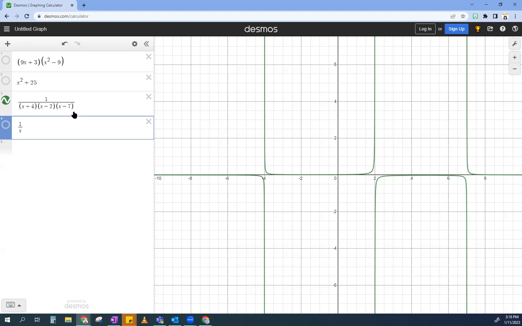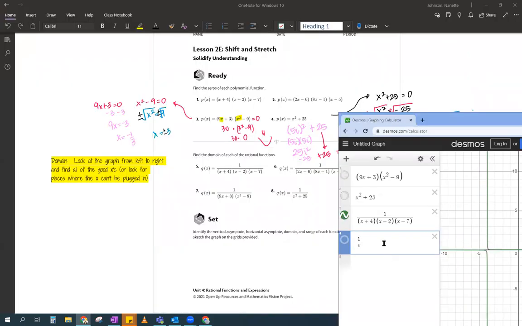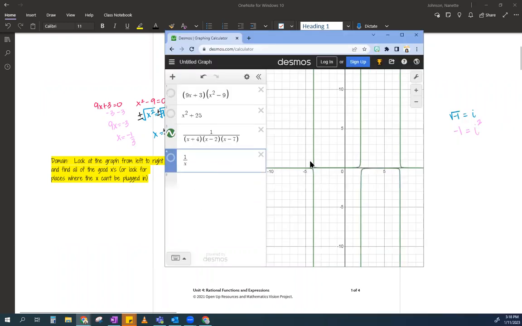So now I want you to pretend that I didn't just graph this, and I'm only showing you this equation, right? Here or here, right? And I say, hey, what can't x be? Do you see why these asymptotes show up? Why do these asymptotes show up based on this equation?